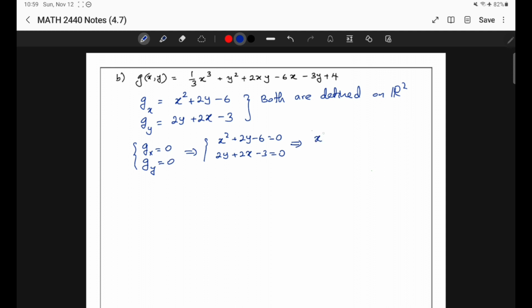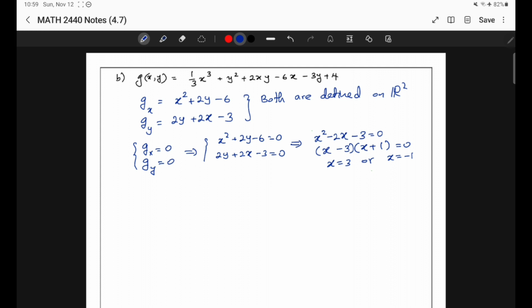You get x squared minus 2x minus 3 equal to 0, which can be factored. The factors are negative 3 and positive 1. So you get two answers, x equals 3 or x equals negative 1.